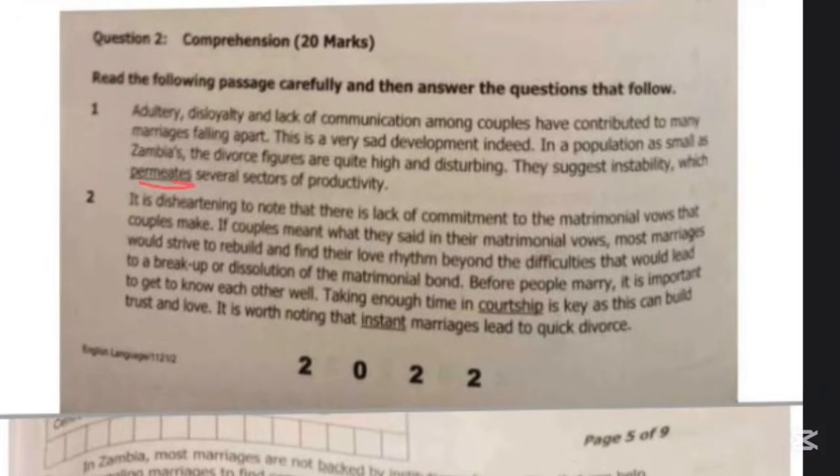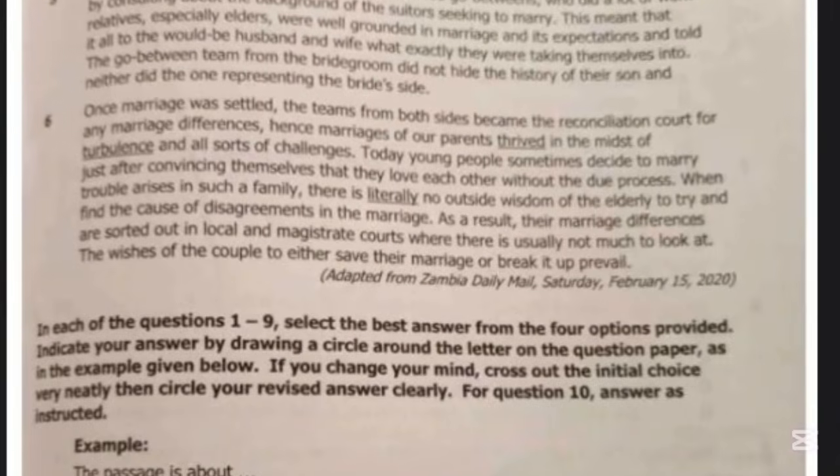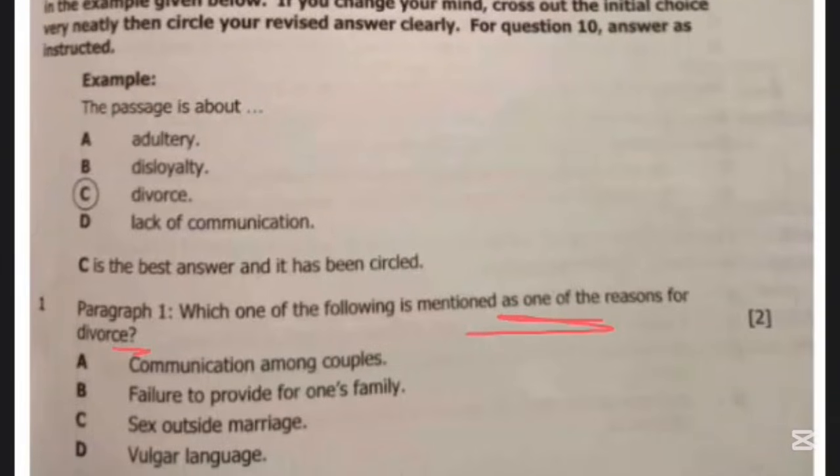Then again, as we continue, this is a very sad development in a population small as Zambia. They suggest instability which permeates several sectors of production. You have also what? Instability. Now let's come to the answers.